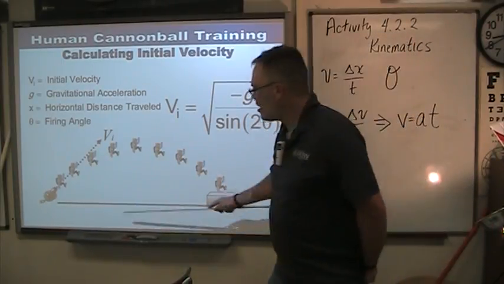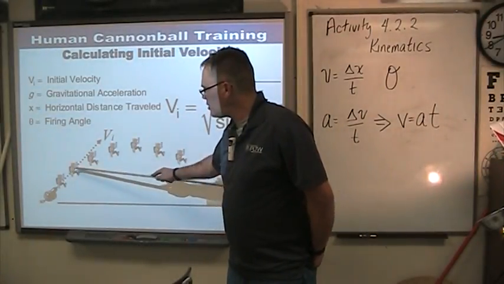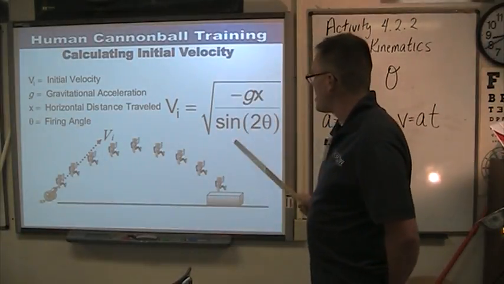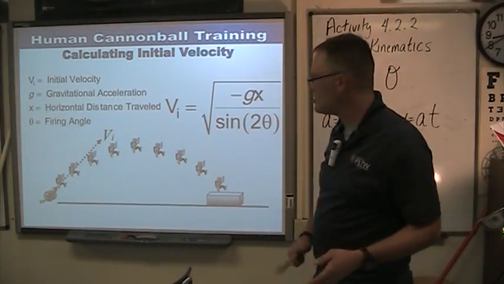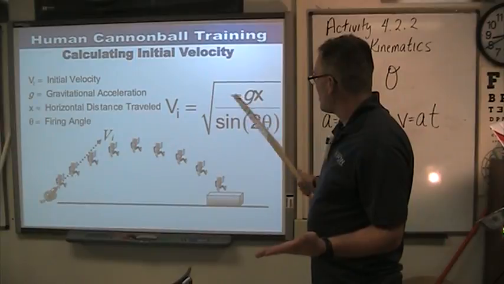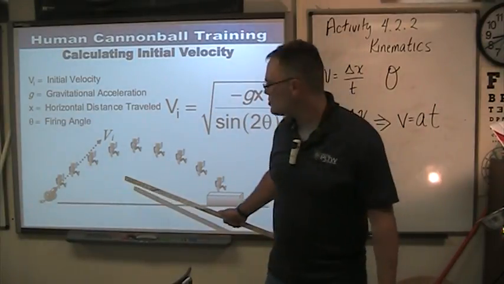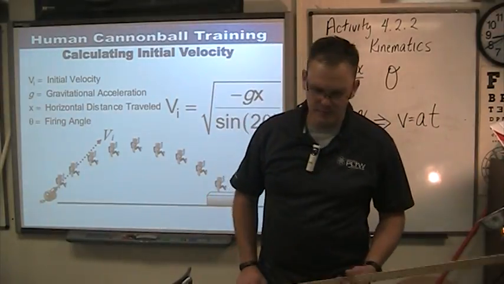Theta is our shot angle. Therefore, take twice the angle, take the sine of it, a trig function, take the square root of all this, and we have the initial velocity of what we shoot out of a cannon.